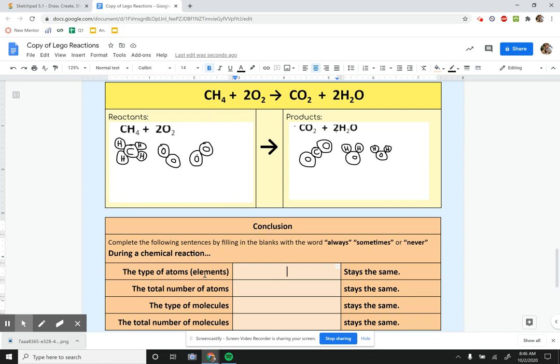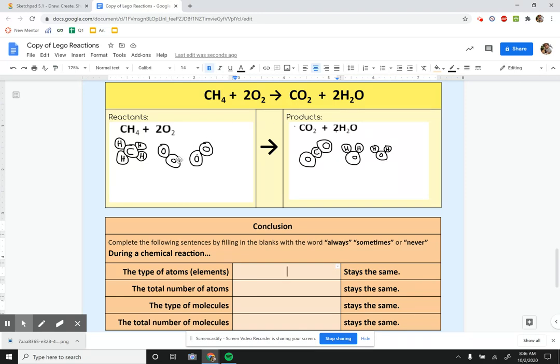The type of atoms. Okay, here's what I want you to notice. Over here, we had carbon, hydrogen, and oxygen. We had C's, H's, and O's. Now, those atoms reshuffled, and over here, they made new molecules, but each atom, if we look, is still C's, H's, and O's.